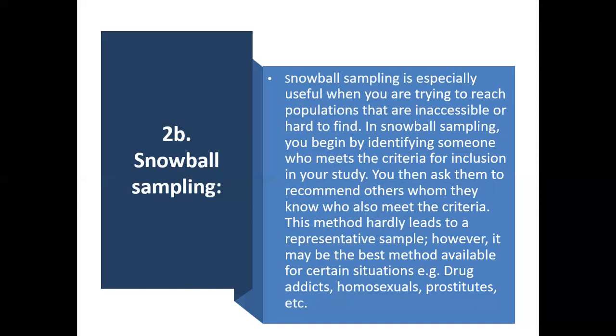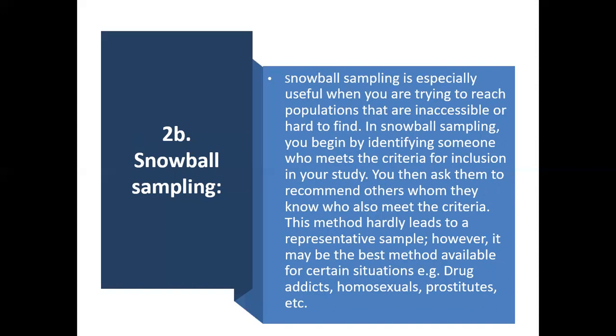In snowball sampling, you begin by identifying someone who meets the criteria for inclusion in your study. You then ask them to recommend others whom they know who also meet the criteria. This method hardly leads to a representative sample. However, it may be the best method available for certain situations like drug addicts.